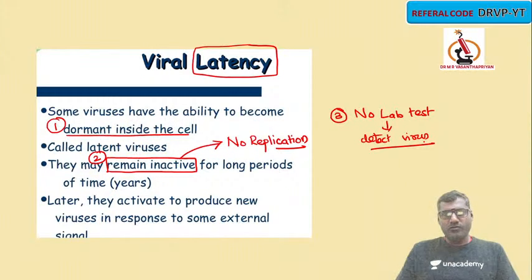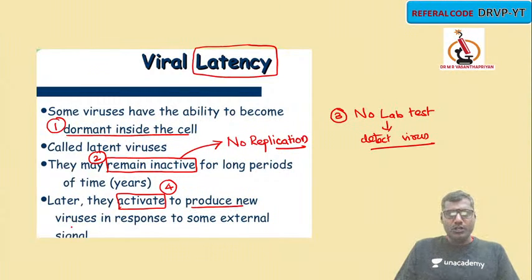First, we may not be able to select the sample, that is the cells. Even if we take one, we may not be able to detect the specific virus by a laboratory test. That is the third criterion. Then what about the fourth criterion? The virus will get reactivated to produce new symptoms or a response due to some external stimuli or signals.